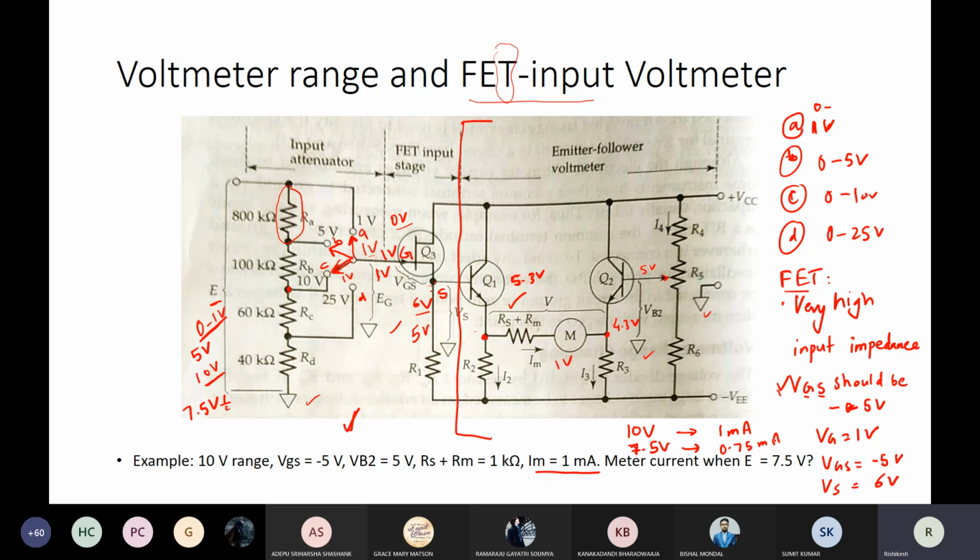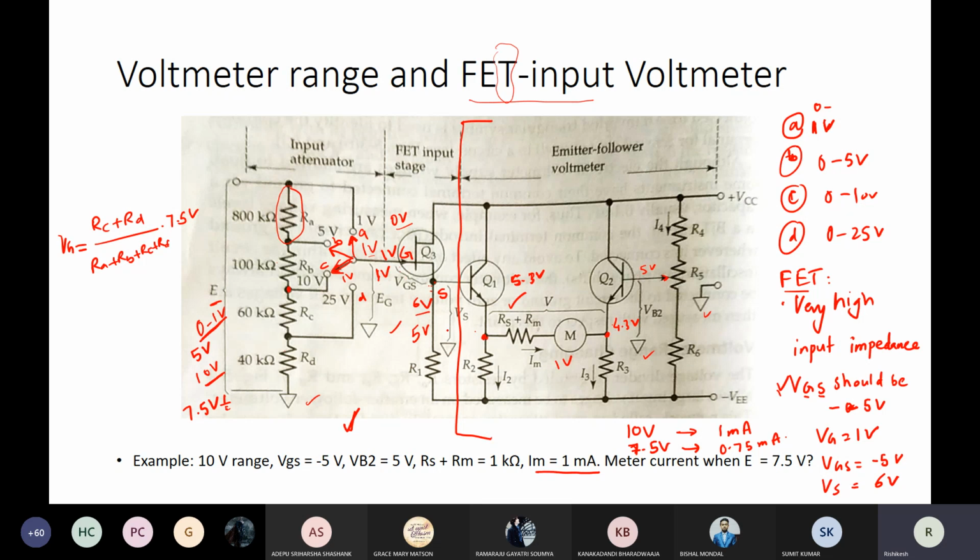So you can cross check whether it is giving 0.75 by recalculating. In fact, you have to use these values to calculate the potential at the gate. How will you calculate? VG will be RC plus RD divided by RA plus RB plus RC plus RD into 7.5 volts.